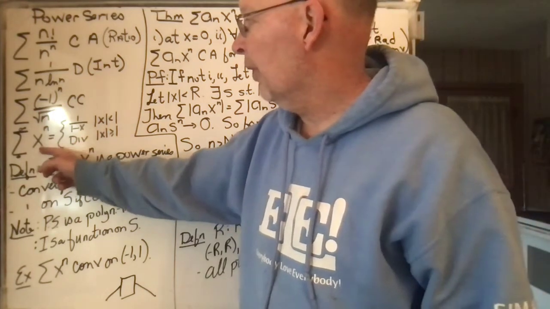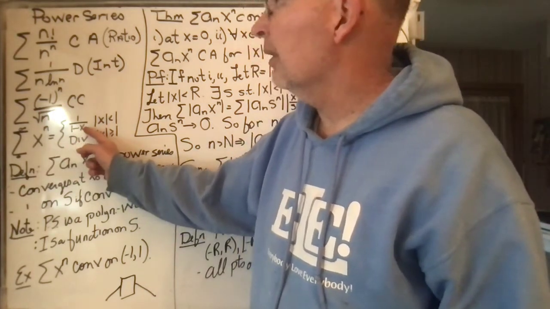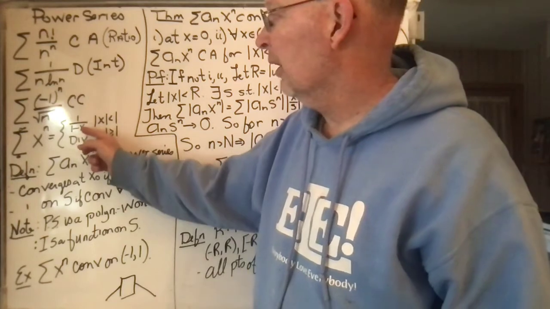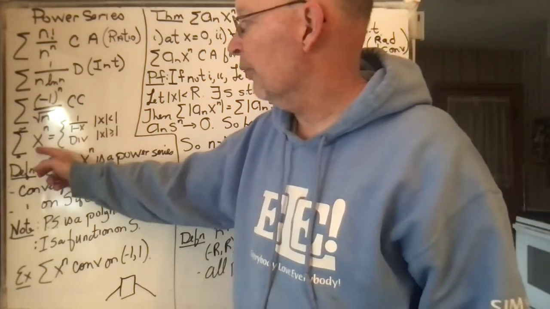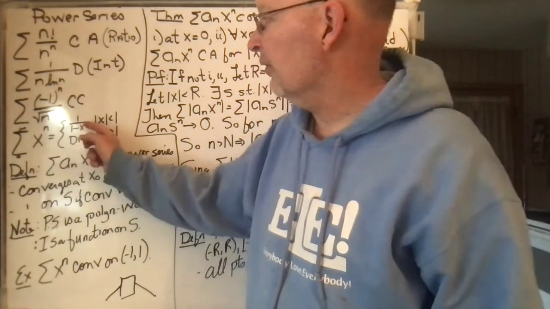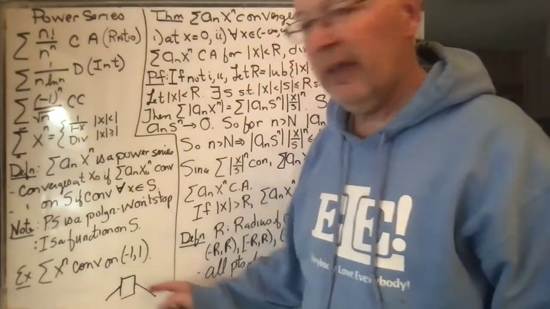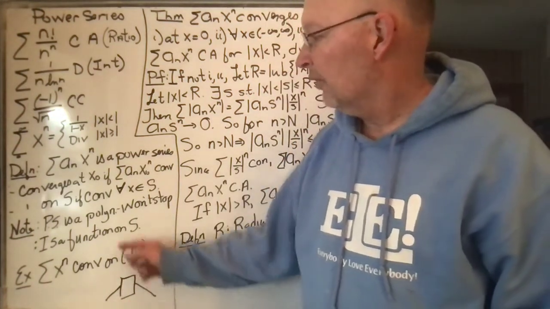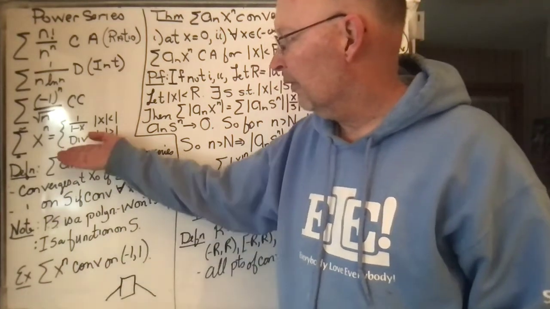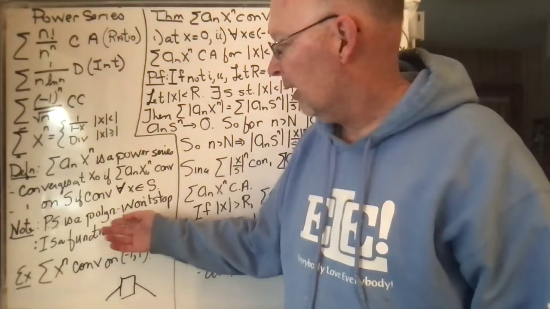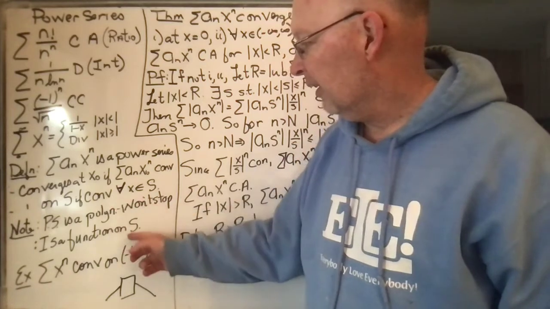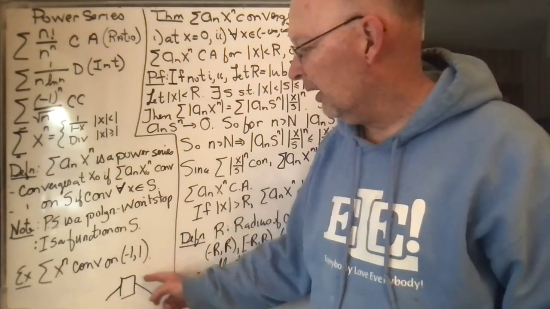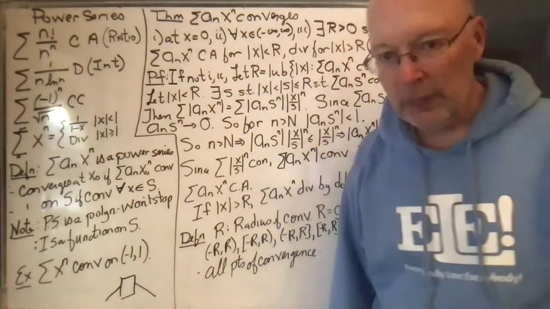If you stick in a 1/3, 1 minus 1/3 is what? 2/3. 1 over 2/3 is 3/2. So if you stick in 1/3 here for x, it's going to converge to 3/2. So that's what a function is, right? You stick in a number and you get a number out. So that's true for a power series as well. On the set for which it converges, you stick a number in and you're going to get a number out.